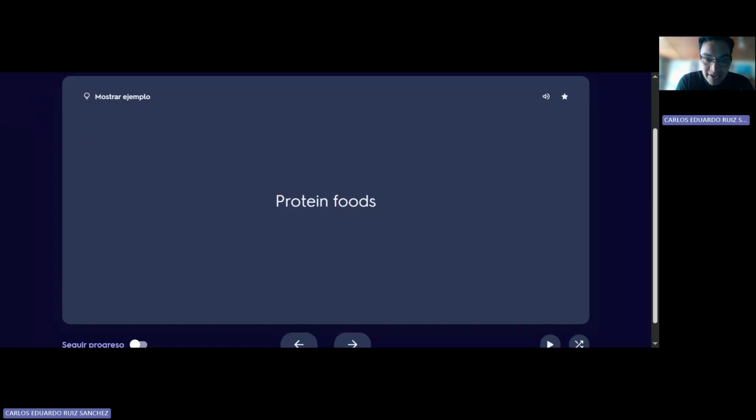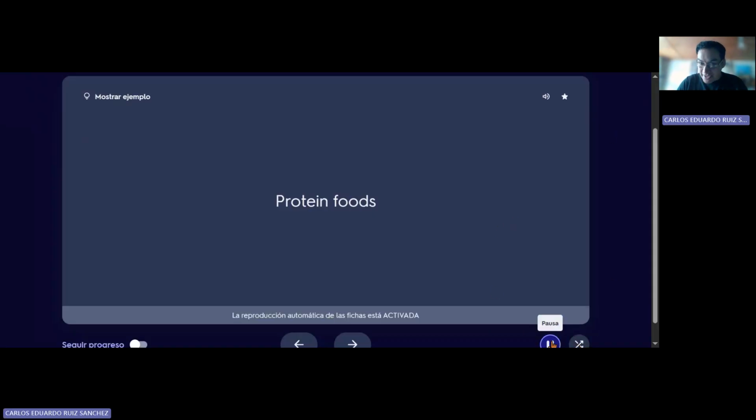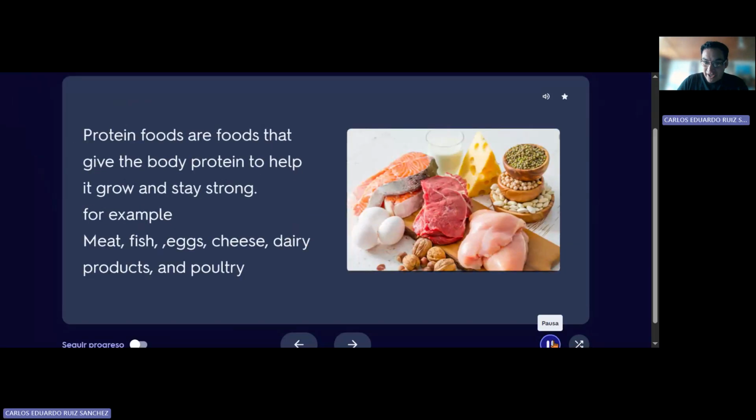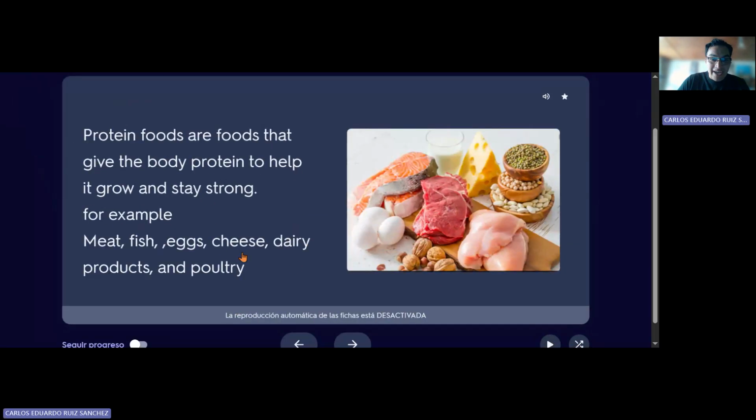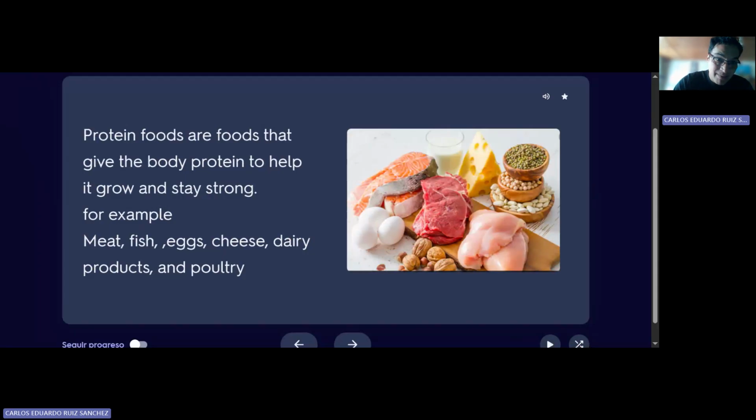So start with protein foods. Protein foods. After this vocabulary, we got a statement. Yes, and with this statement, we need to answer or select the correct answer. Let me give you an example.